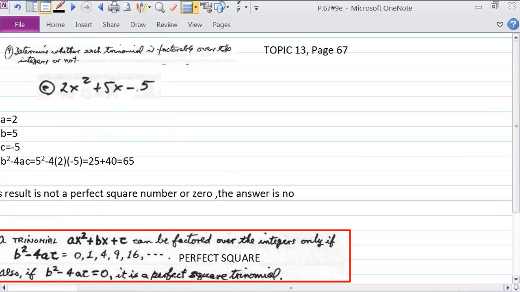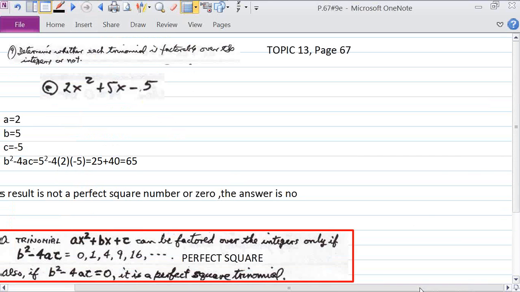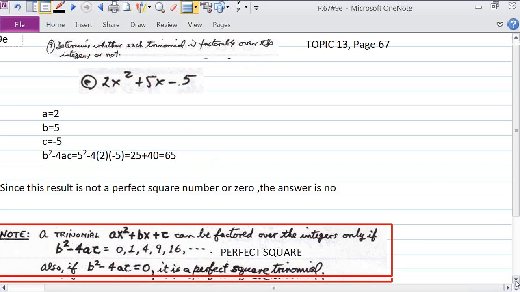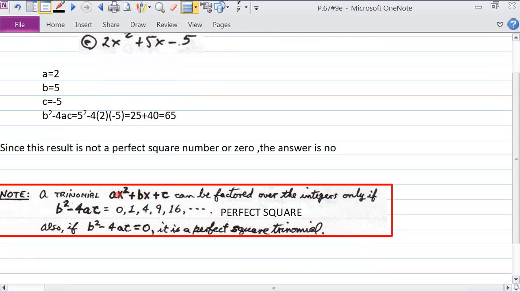Now, to determine whether a trinomial is factorable over integers, meaning is there an integer solution in the factor of this, I go back to the rule which says that if we have a trinomial, ax squared plus bx plus c, it can be factored over integers only if b squared minus 4ac equals 0, 1, 4, 9, 16.